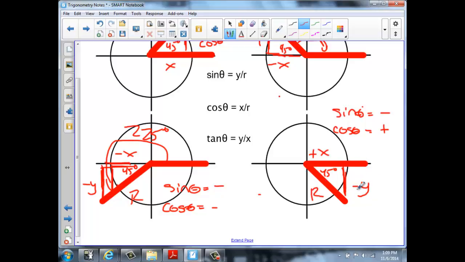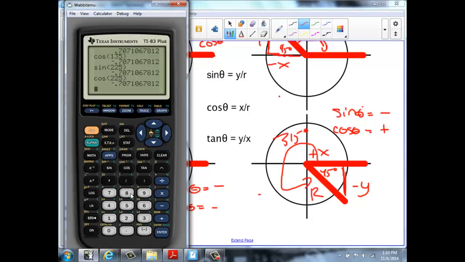And since your opposite is negative, sine in this quadrant should be a negative number. But cosine in this quadrant should be positive because x is now positive again. This angle all the way around to here would be 315. So if I test that just to make sure, sine of 315 gives me that same answer but negative, and cosine of 315 gives you that same answer but positive.